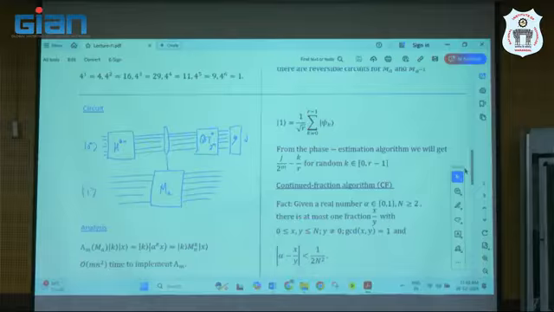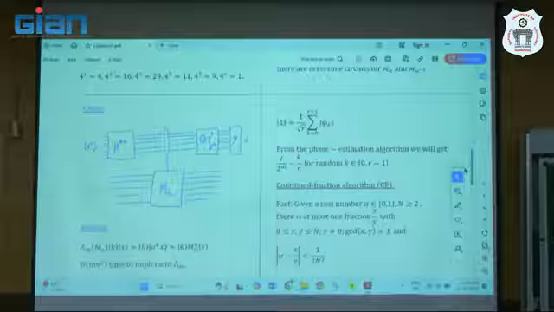Okay. So, fact. First of all, this is just a fact. This is not an algorithm. What is the fact? Given a real number alpha and a number n, think of n as a large number, there is at most one fraction. Okay, we are approximating alpha. It's a real number.